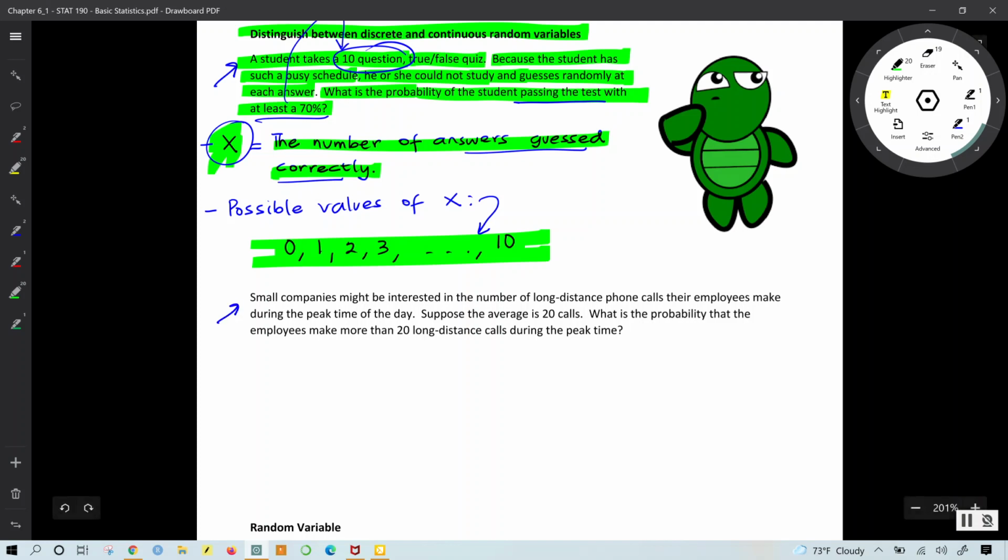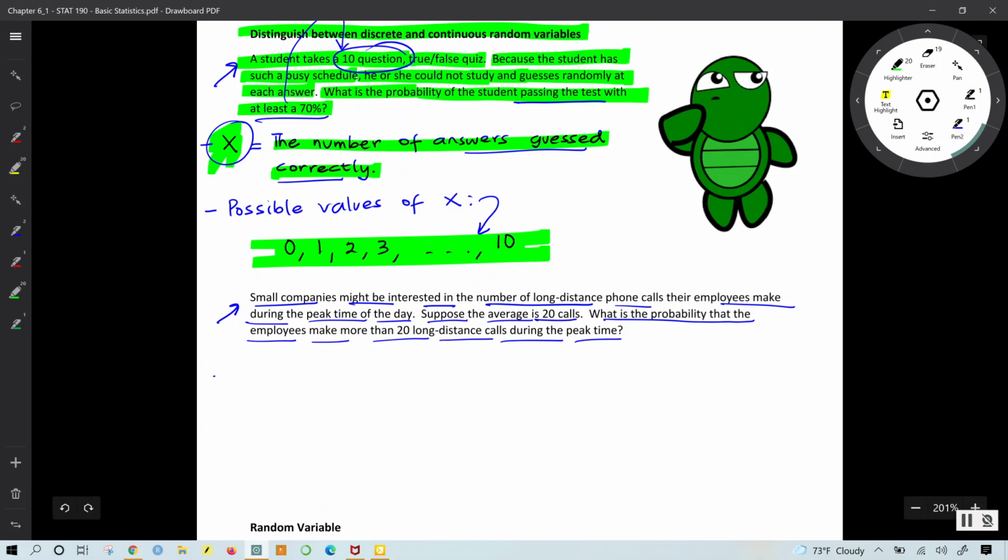Let's take another example. Small companies might be interested in the number of long-distance phone calls their employees make during the peak time of the day. Suppose the average is 20 calls. What is the probability that the employees make more than 20 long-distance calls during peak time? What is our variable of interest here?